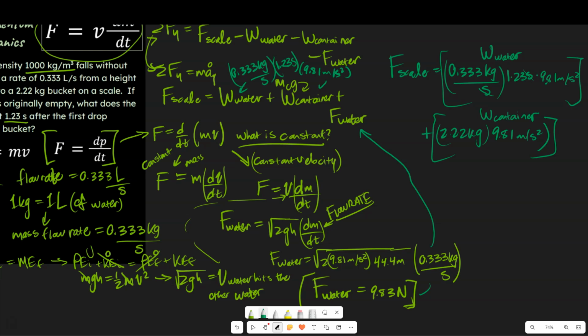Okay, and the last force that's going to impact our scale is going to be the force of the water. And that's what we figured out down here, right here. So that's just going to be 9.83 newtons is going to be that additional force involved. So the sum of all of those forces will be the force on the scale. That is how you would approach one of these problems here.